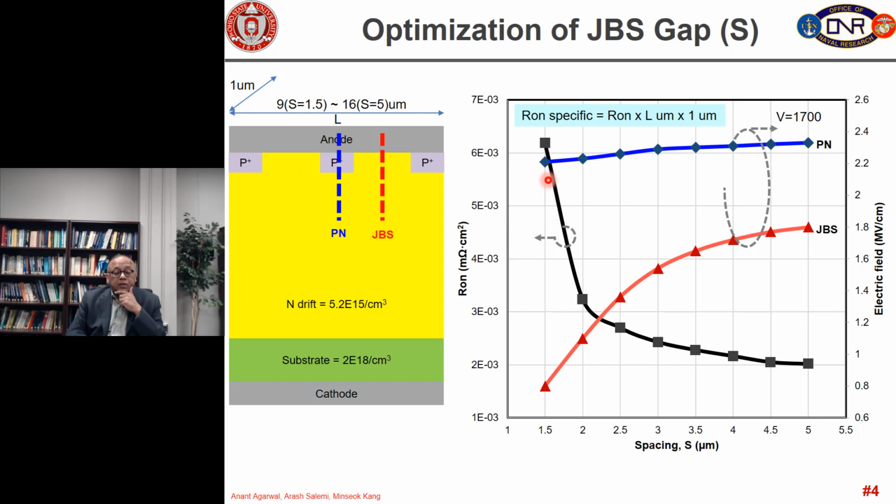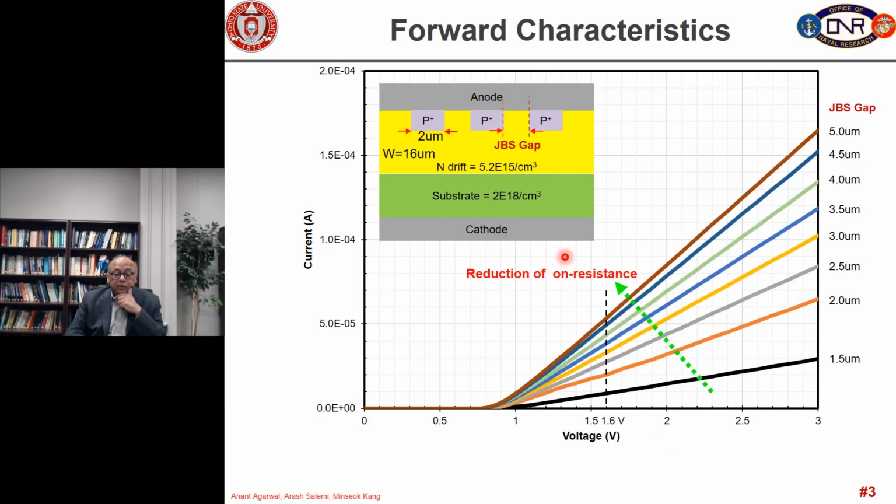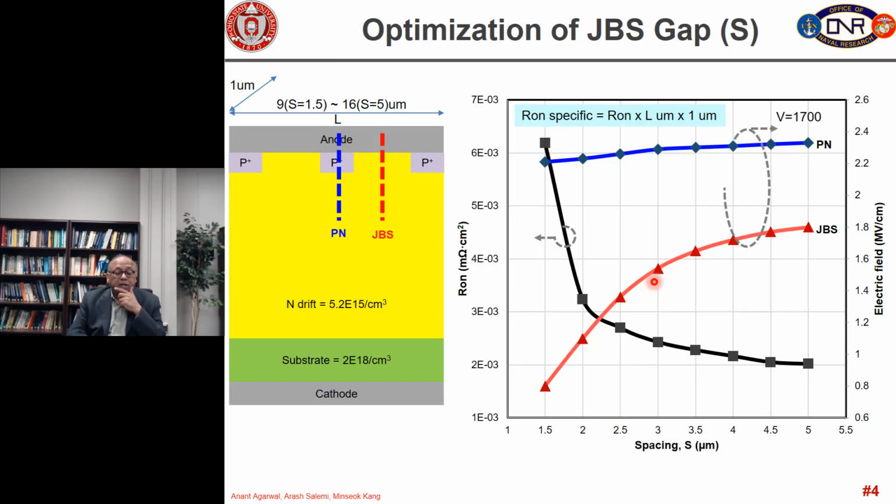Now, if we plot the specific on resistance, which is calculating the on resistance from the previous slide for each JBS gap and multiplying it by the cross-sectional area of one cell. The cross-sectional area of one cell is shown here.